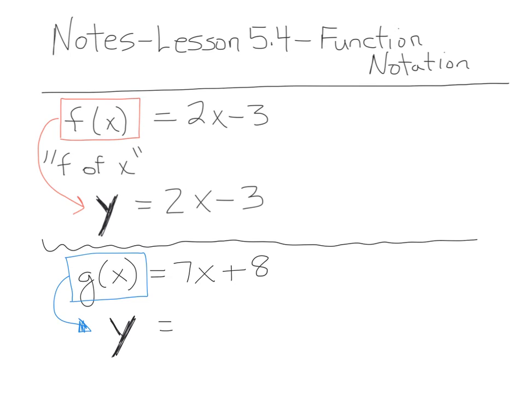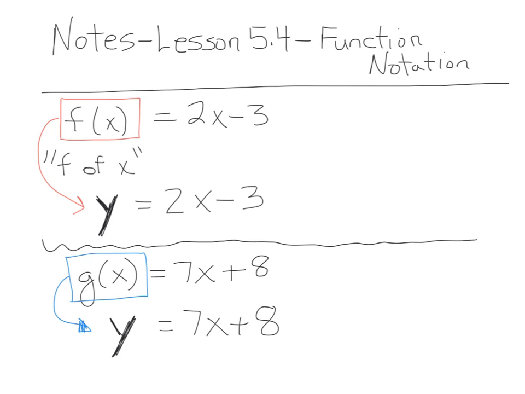Y equals 7x plus 8. And then it's something you know already. Okay? So g of x equals 7x plus 8, weird. Just think of it as y equals 7x plus 8, which is a linear equation, stuff we studied before. There's the slope. There's the y-intercept.